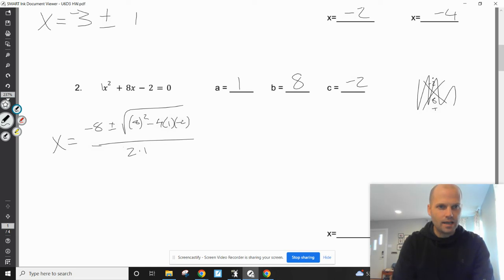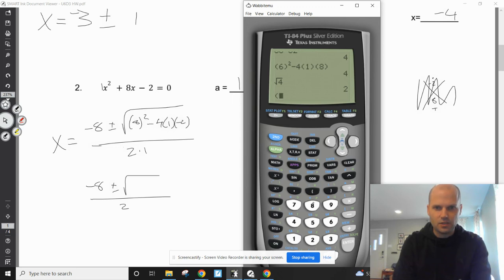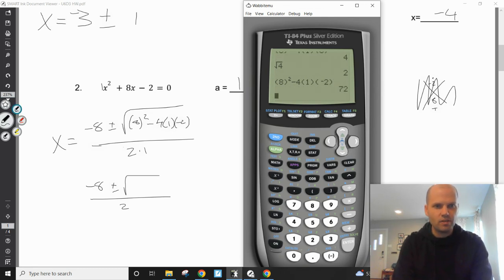Well, again, let's just work at this one piece at a time. Negative 8 stays negative 8, 2 stays as 2. Let's work inside the square root. You can go one piece at a time. I like to do the whole b squared minus 4ac all at once. And I get 72.